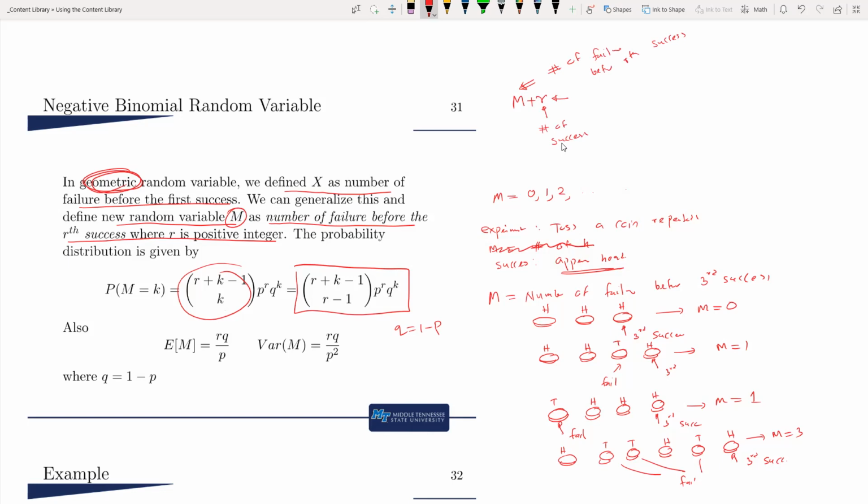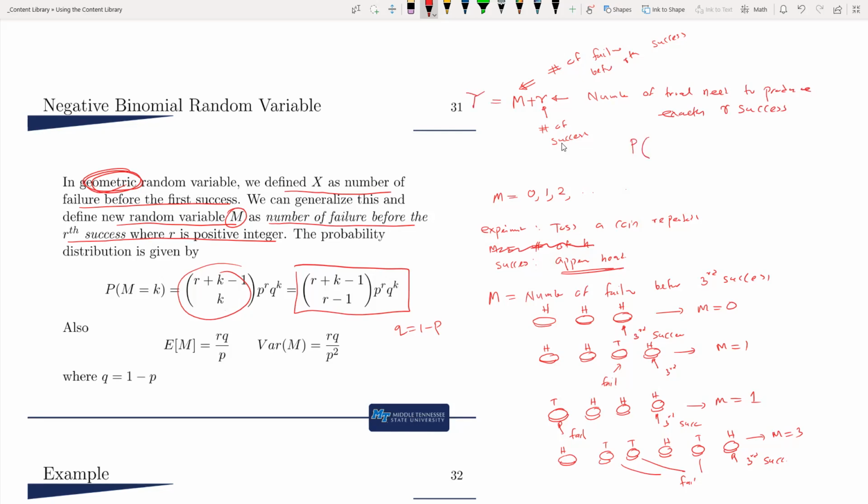So M plus r gives you the number of trials needed to produce exactly r successes. If you use that definition, I can say M plus r is my new random variable Y.